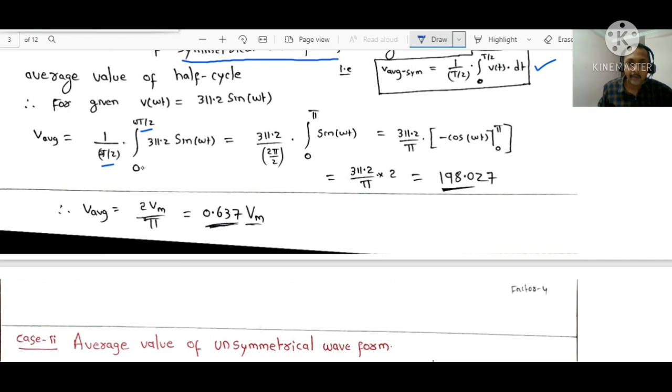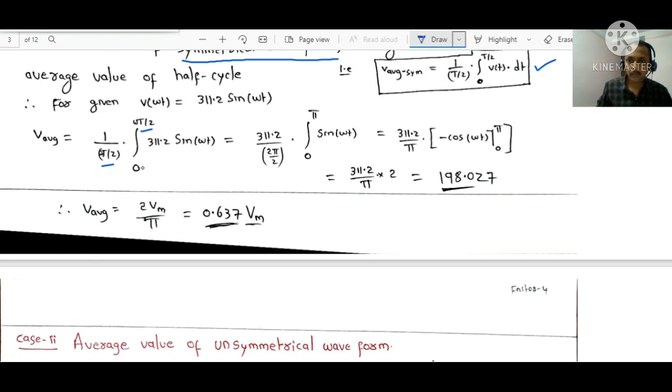So here we will get the integral from 0 to pi. 311.2 is a constant, we have taken it outside. Simply, the integral of sine omega t with respect to d omega t is minus cos omega t. The limits are 0 to pi. That is what we have done here. Very important, the limits are 0 to pi.